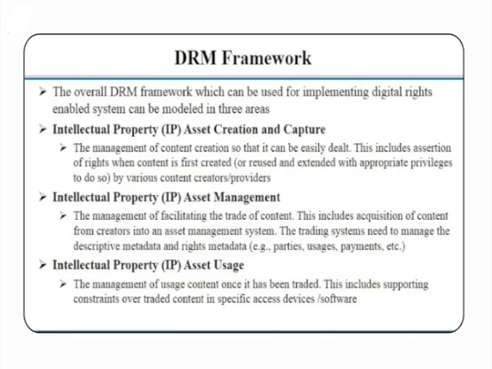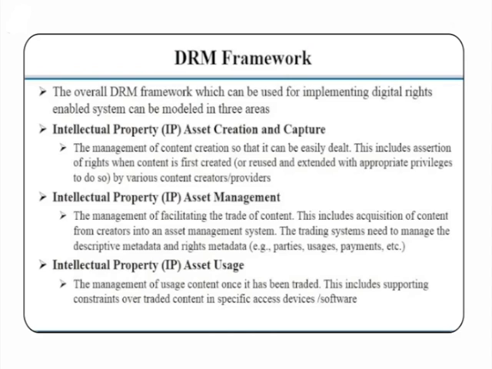The asset creation and capture is the management of the content creation so that it can be easily dealt with. This includes assertion of rights when the content is first created or reused or extended by various content creators and providers.